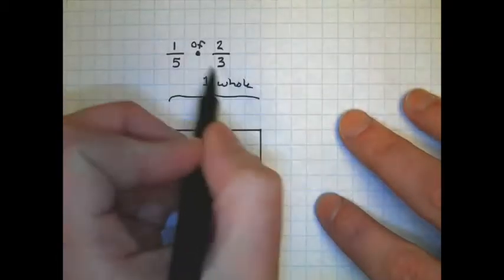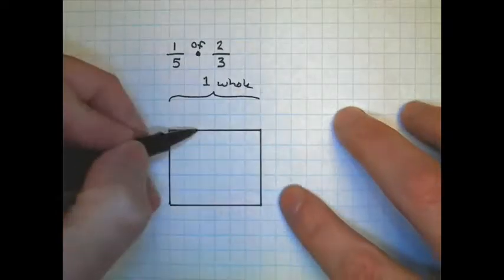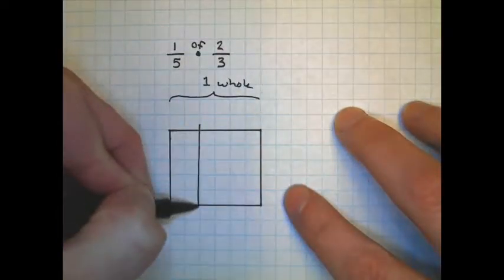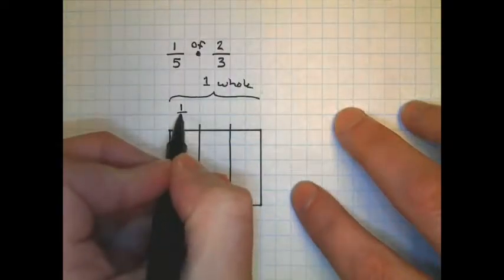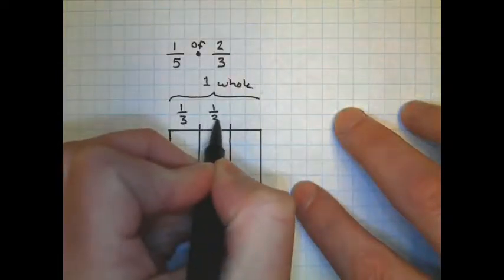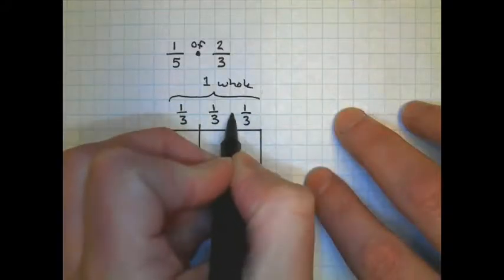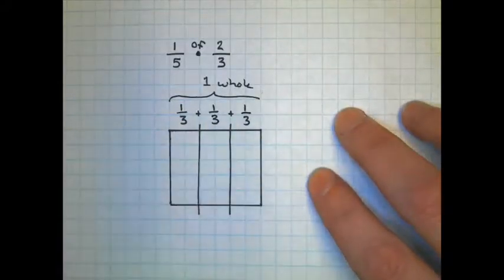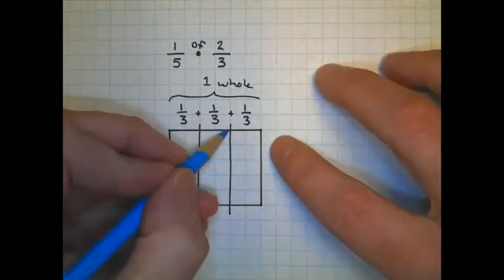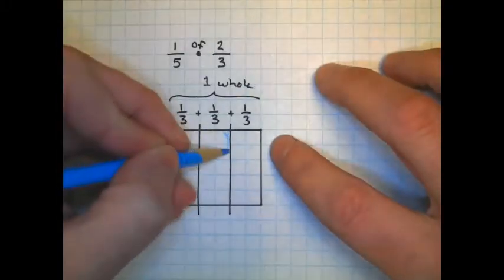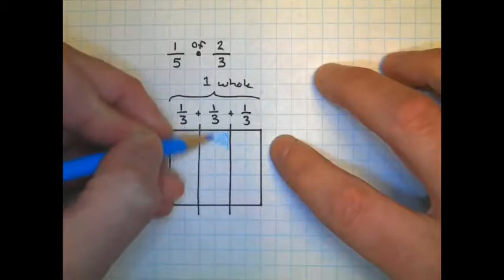So I need to show my 2/3. Let's go ahead and break that into 3 pieces vertically. Here's 1/3, here's another third, here's a third. And all that together gives me one whole. I want to show 2/3 of it, so I'm going to shade in that 2/3.